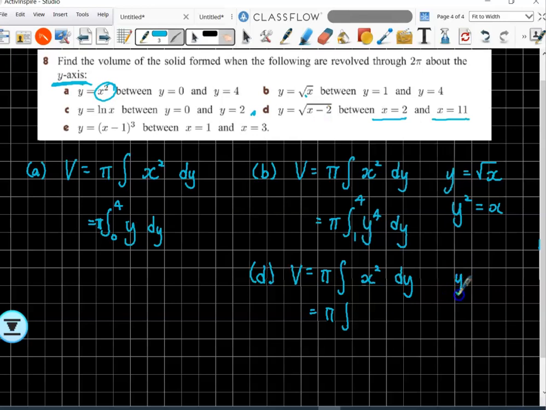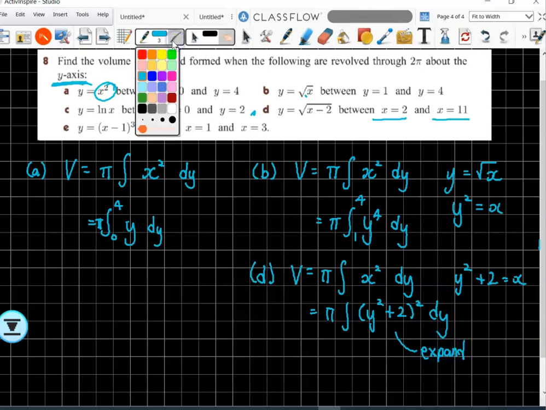So this is going to be squared, take 2, plus 2 gives you x. So that means we are going y squared plus 2 all squared. And so straight away you're saying, hey, I'm going to need to do what before I integrate? Expand. Spot on.